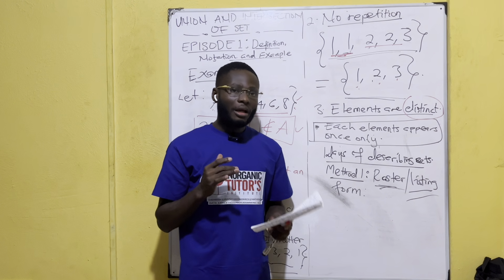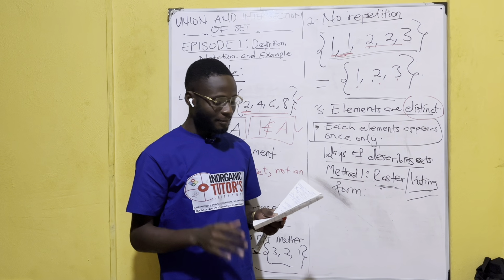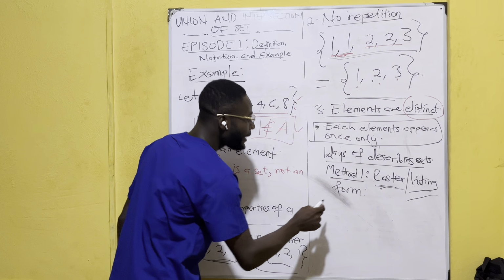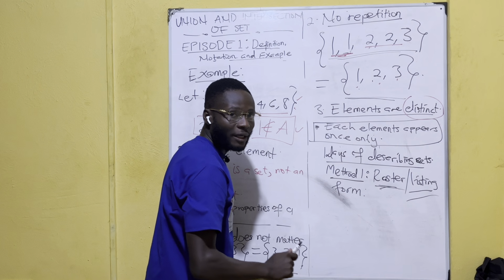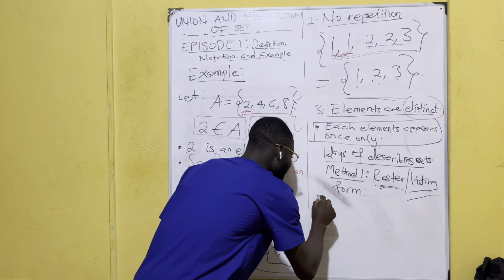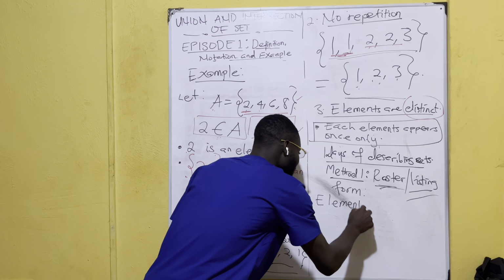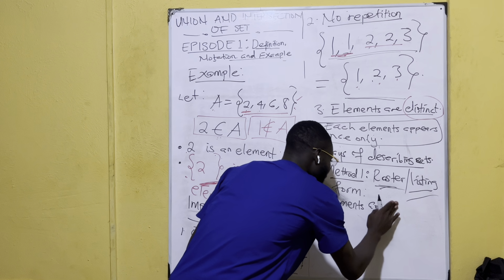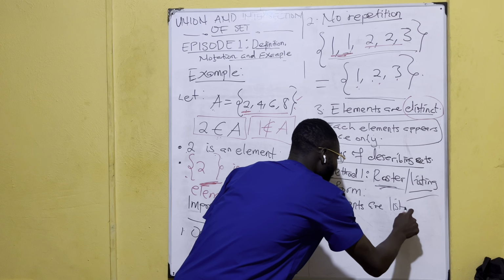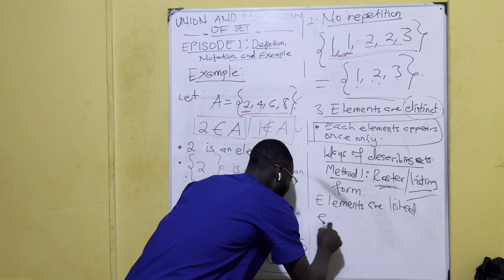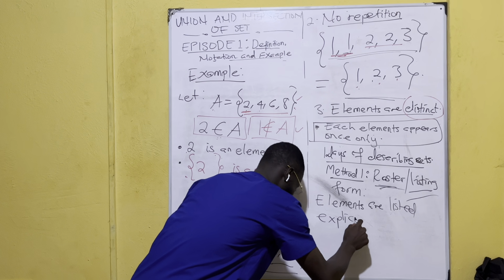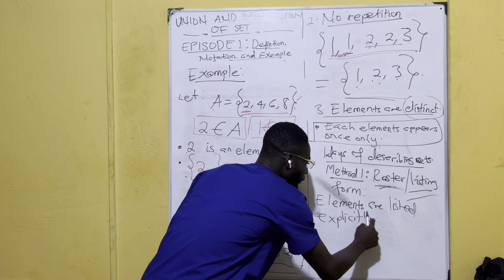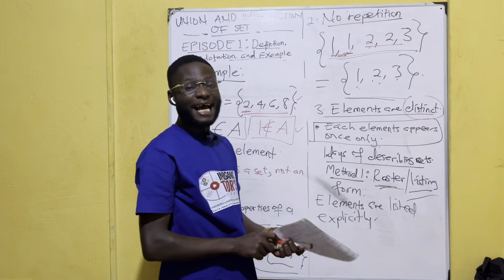Let's look at some examples under it. Under the roster method or the listing method, we say that elements are listed explicitly. I want someone to underline the word explicitly.